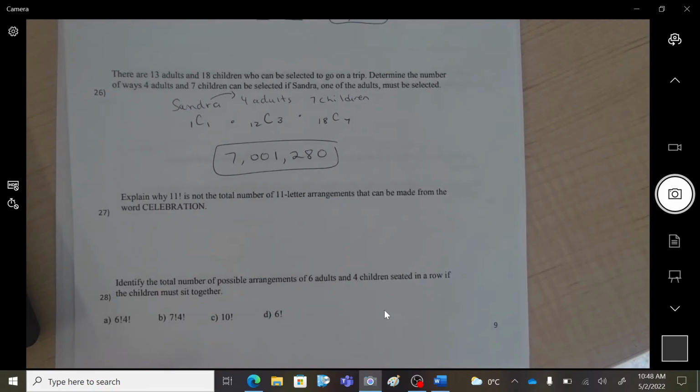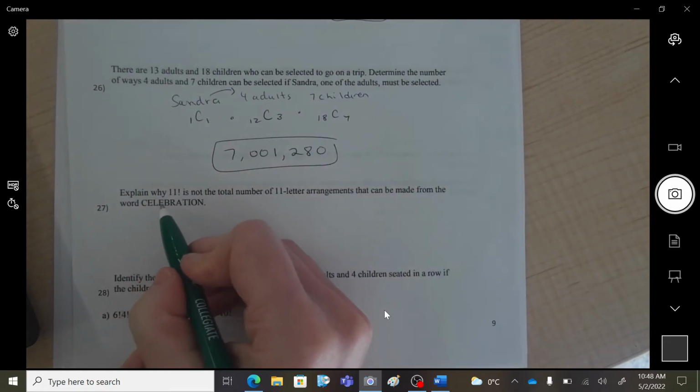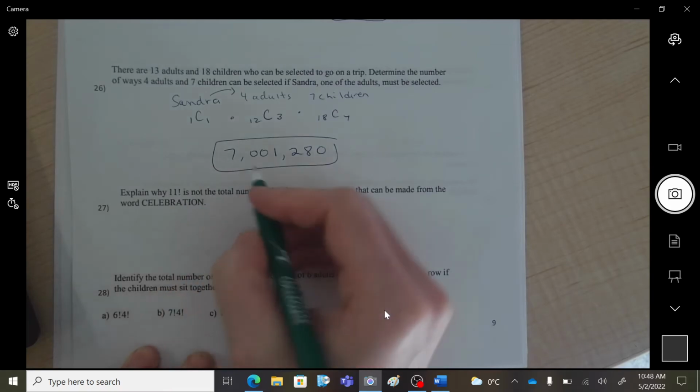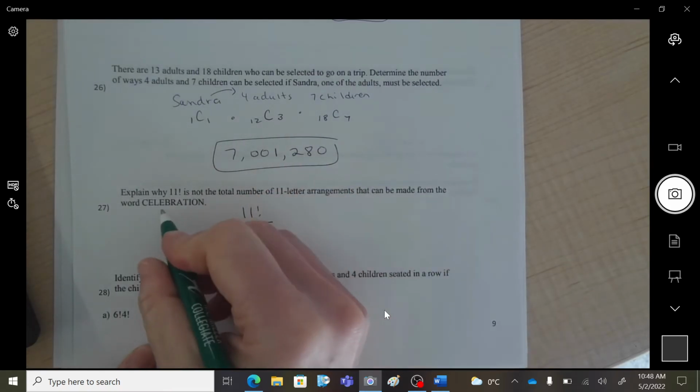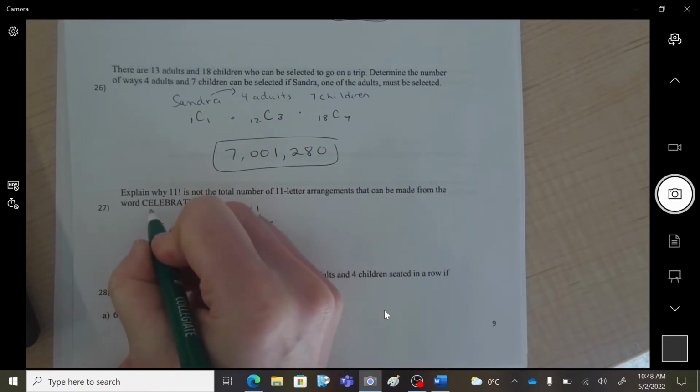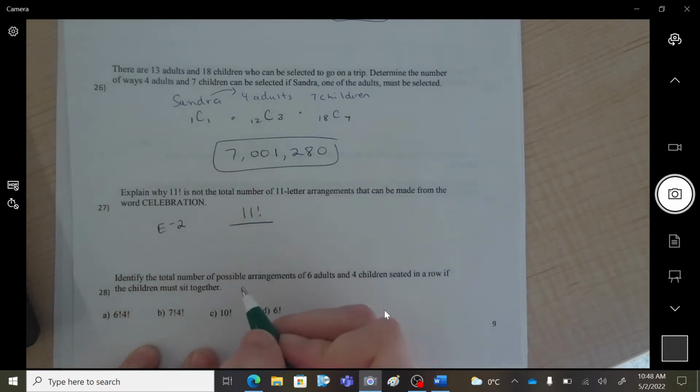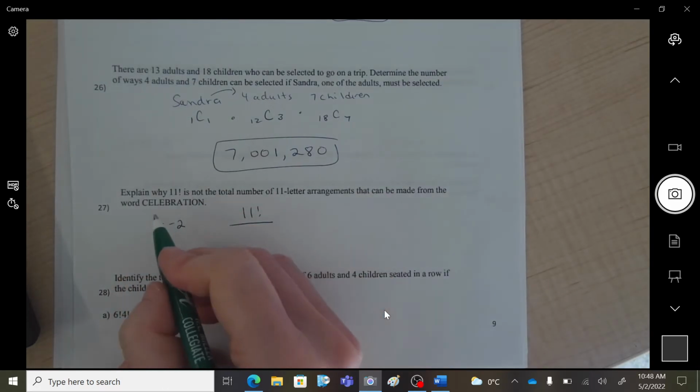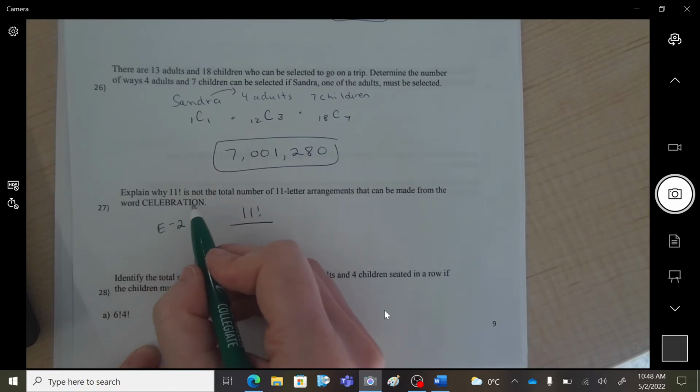Explain why 11 factorial is not the total number of 11 letter arrangements that can be formed for celebration. So the total letters is 11, but we have some E's. We have 2 E's. And is that it?